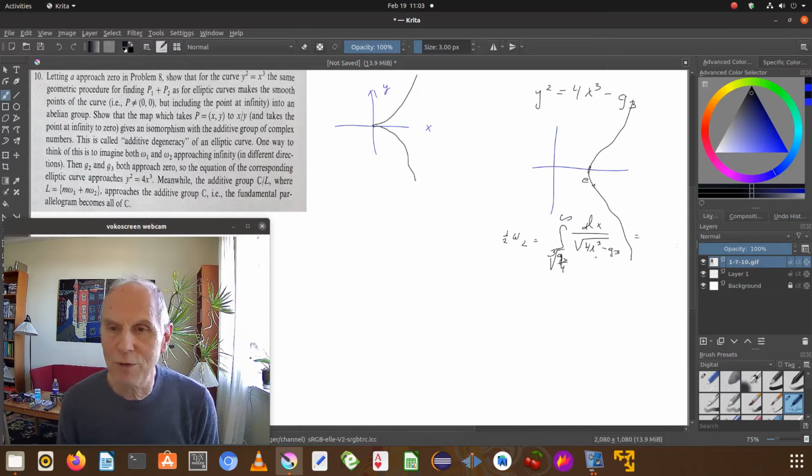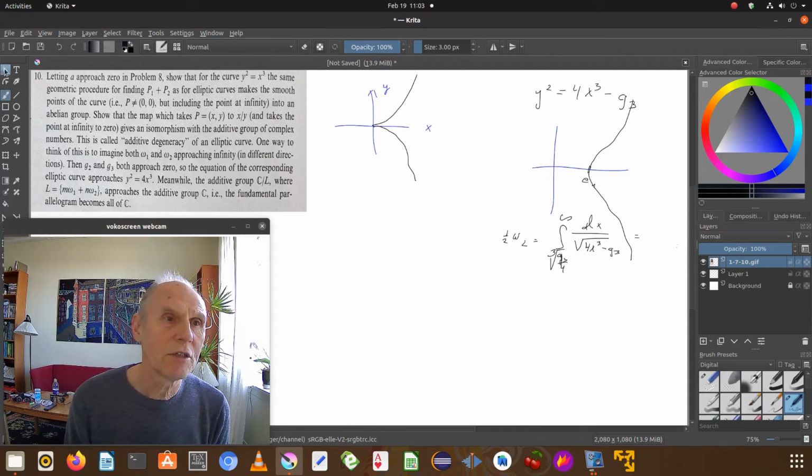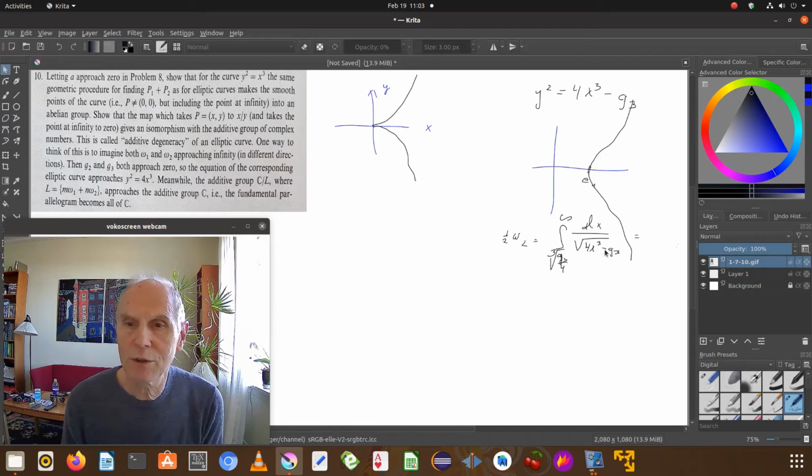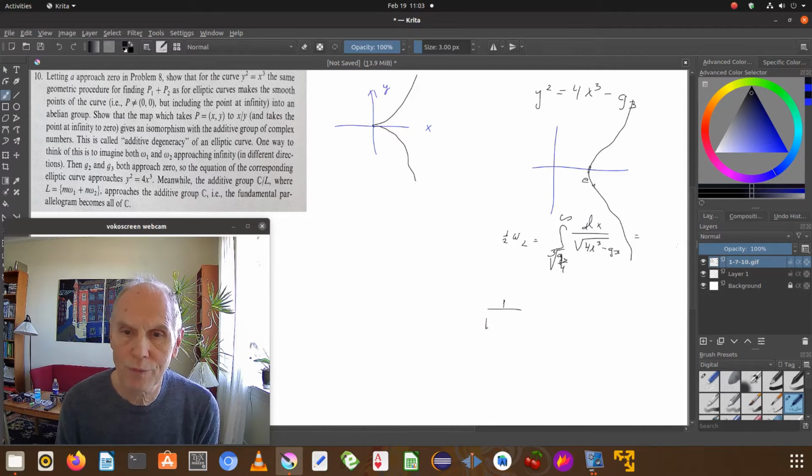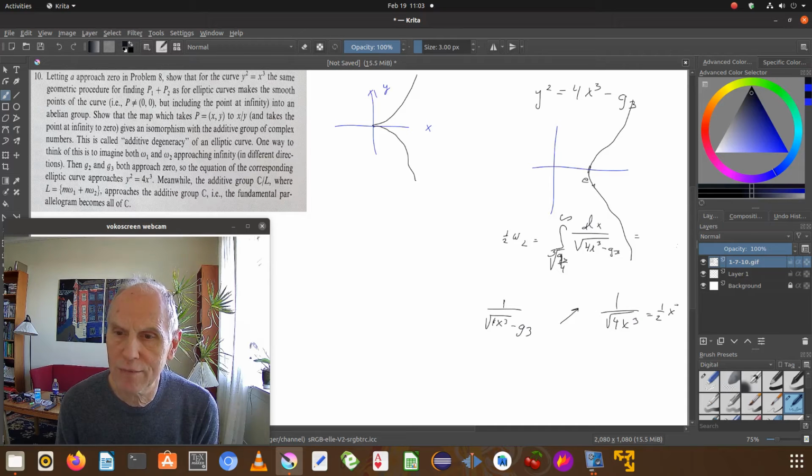So we can't do this one, of course, but when g tends to naught, this is an increasing sequence of functions. So it goes upwards towards 1 divided by square root 4x to the third, 1/2 x to the minus 3/2. And the integral of this we can compute.